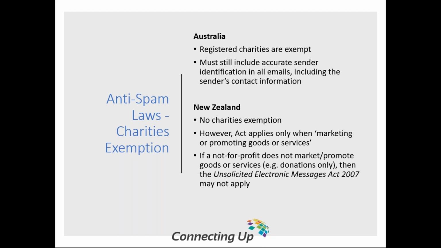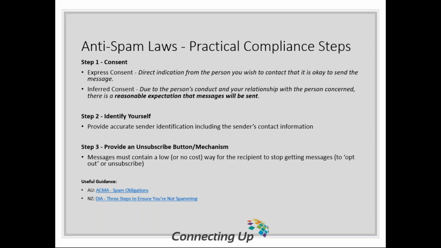So a less clear situation in New Zealand, but reasonably clear in Australia, where you have to be a registered charity to be exempt. Otherwise, you'll be covered, and you need to think about whether or not your emails are going to be commercial emails in the context of marketing or promoting goods or services.